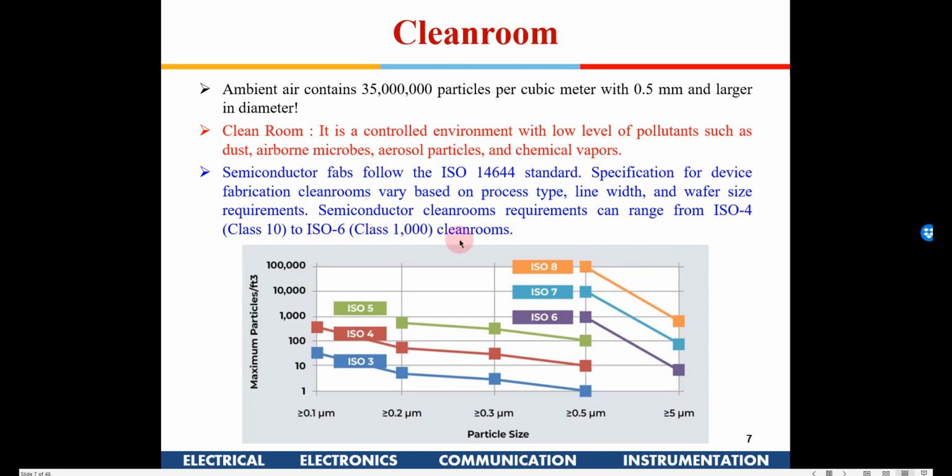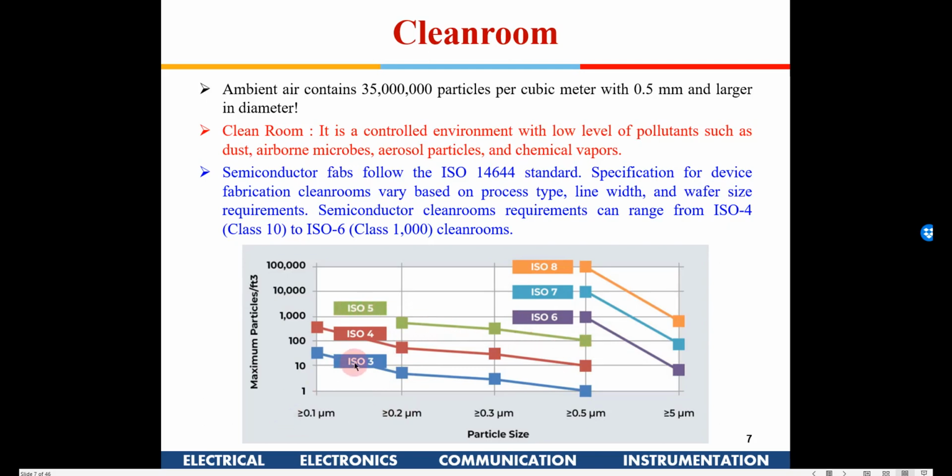What it means is, if you see here, ISO 5 means particles of more than 0.5 micron size should not be more than 100. Here you will find maximum particles written. So for an ISO 5 clean room, more than 5 micron particles should not be more than 100. More than 3 micron particles, it should be close to 500. And greater than 0.2 micron, it should be less than 1000. That is for ISO 5.